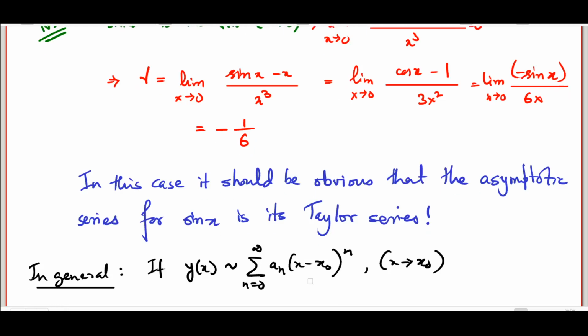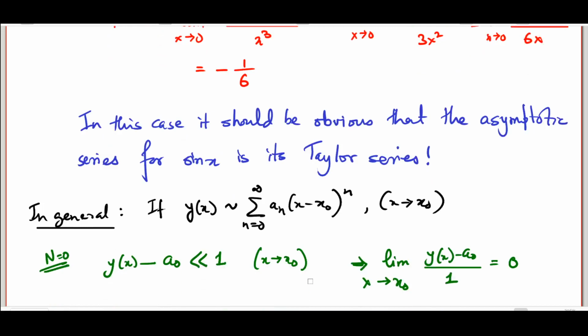are going to be. For a0, of course, you take capital N equals 0. So the partial sum up to 0 terms, to the 0th term really, is just a0. So what we are claiming is y(x) minus a0 must be negligible compared to the power of x minus x0 which accompanies a0, which in this case is just (x minus x0) to the power 0, that is 1.